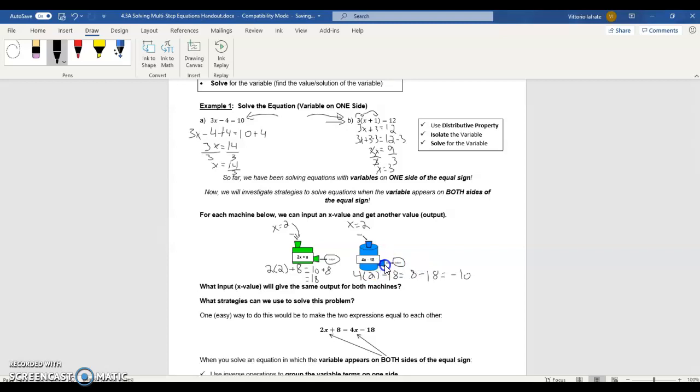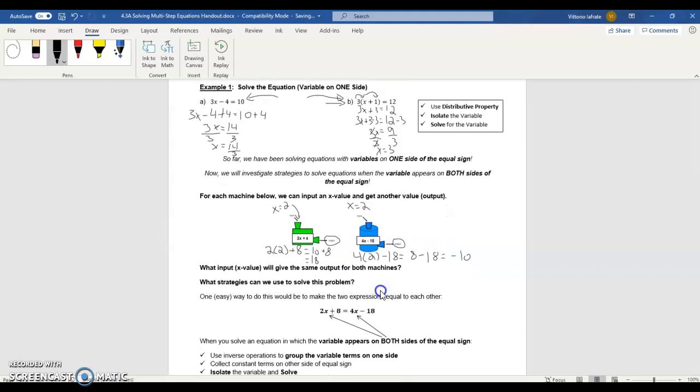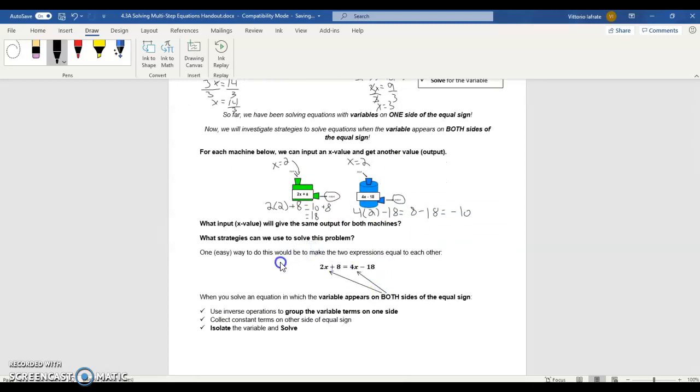But sometimes I might ask you, what value of x would give me the same output for both machines? And the easiest way to do that is to equate your equations. So in this example, what was done is we wrote that 2x plus 8 is equal to 4x minus 18.